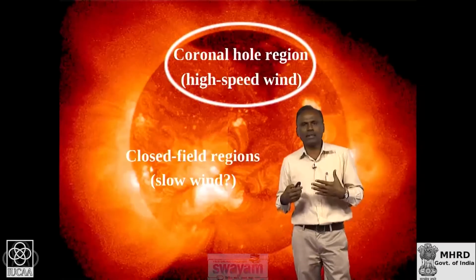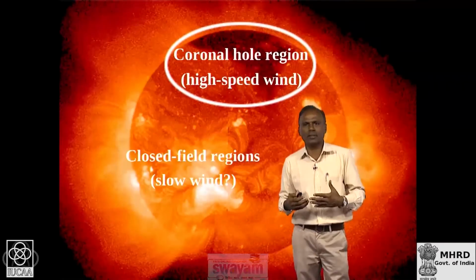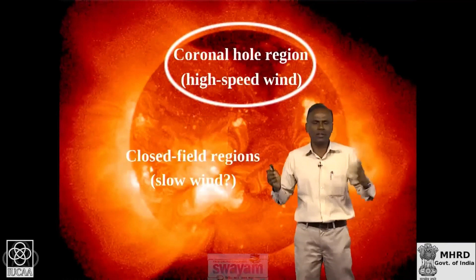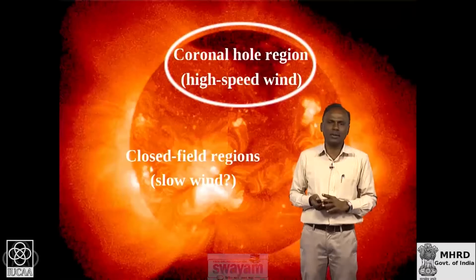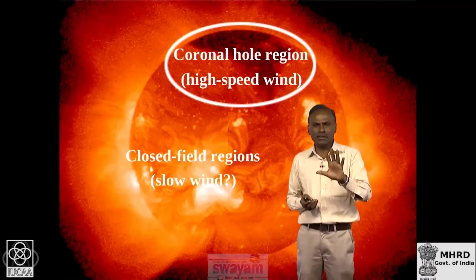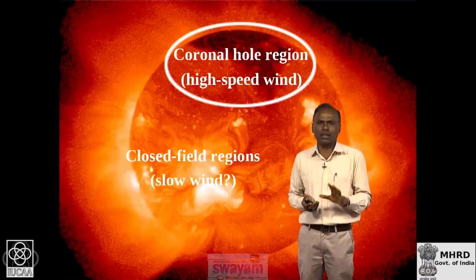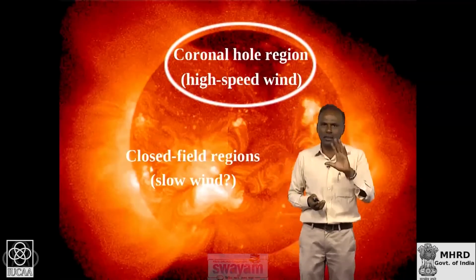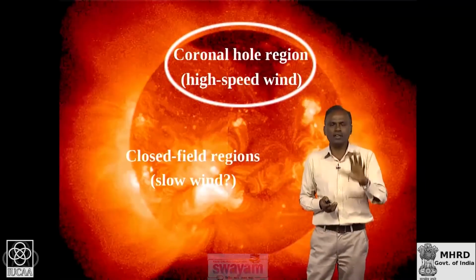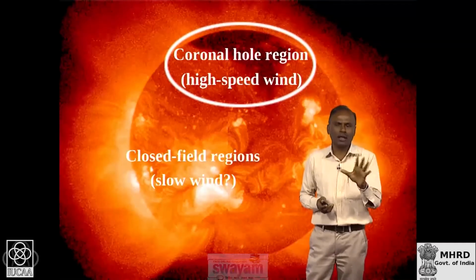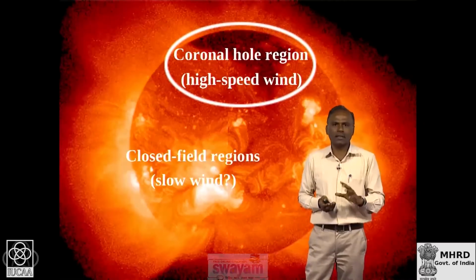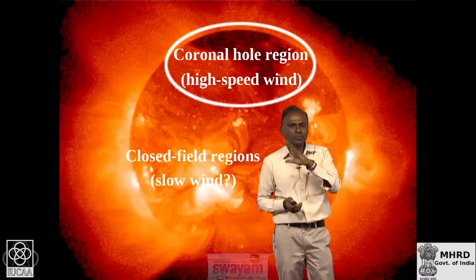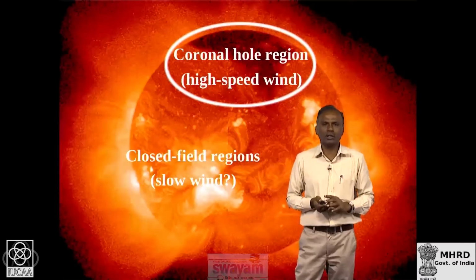Sometimes high speed transients can take place from the Sun, like coronal mass ejections. They can have a very huge speed. The average speed of the solar wind at 1 AU is something like 470 kilometer per second, but typically the speed from the coronal holes is about 800 kilometer per second, and the speed from the closed regions can be something like 250 to 400 kilometer per second.